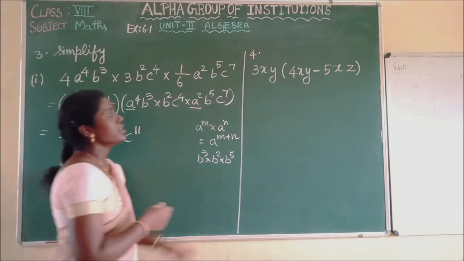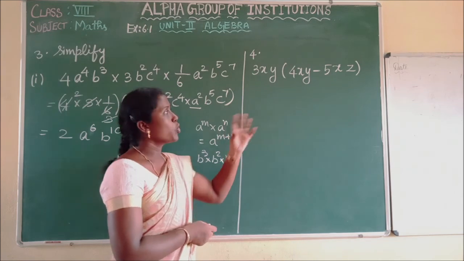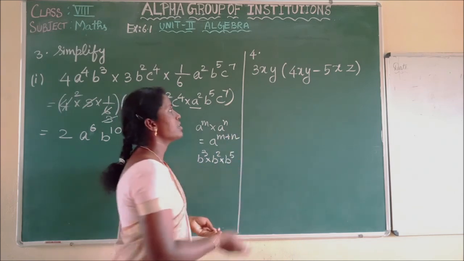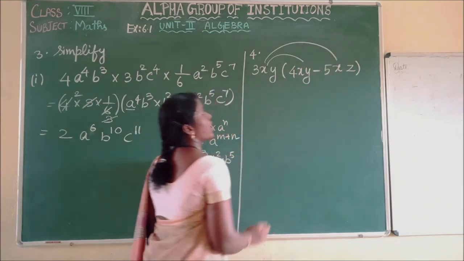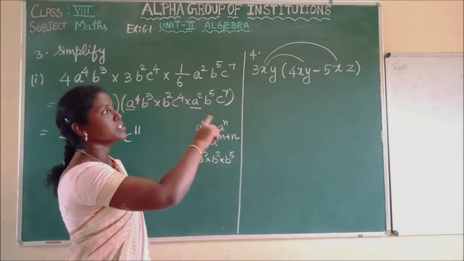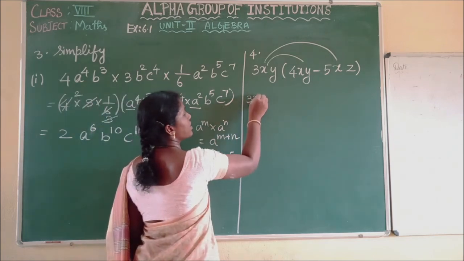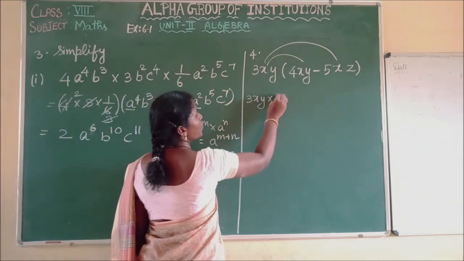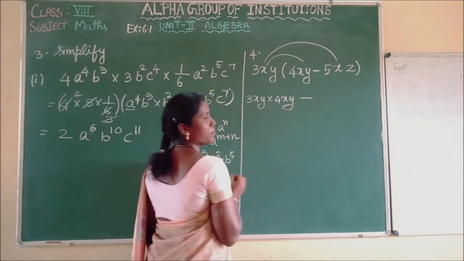Now, see here, in the fourth problem, we are multiplying a monomial with a binomial. Multiplying a monomial with a binomial is nothing but multiplying the monomial to each term of the binomial. Okay, so how to multiply this: 3xy into 4xy, the first term. In the middle we are having the minus symbol.